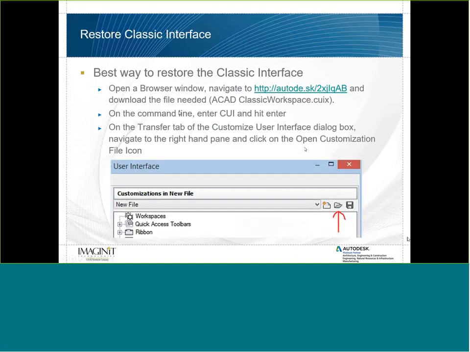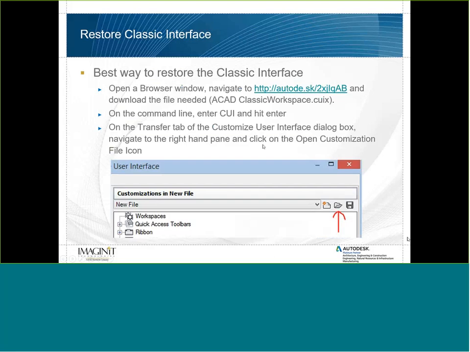For those of you that are like me, old school, and want to run the classic interface, open a browser window. I actually have the AutoCAD Classic Workspace stored here. It's public. Anyone can download this file. Once you've downloaded that file, you go to the command line, you enter CUI and hit enter. You'll click on the Transfer tab of the CUI Customize User Interface dialog box.